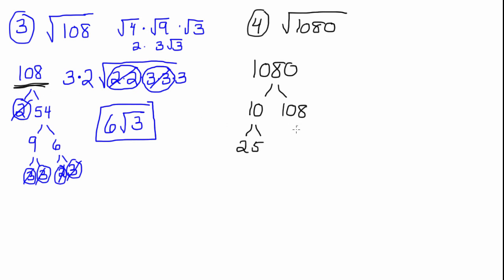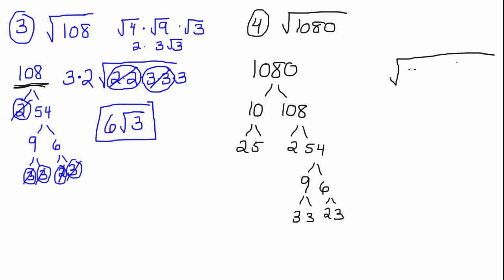So we've got 2 and 54, and then 9 and 6, and then 3 and 3, and 2 and 3. Again, circle them all because this way you won't miss any. So 108 comes down to 2, 3, 3, 2, 3.